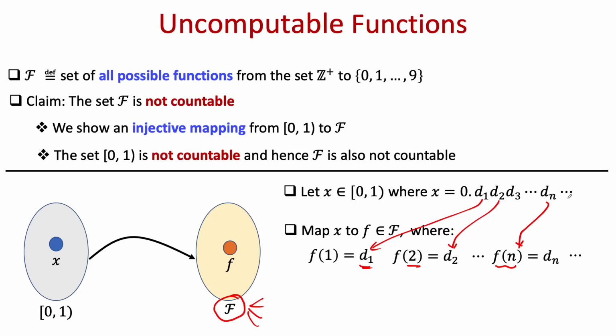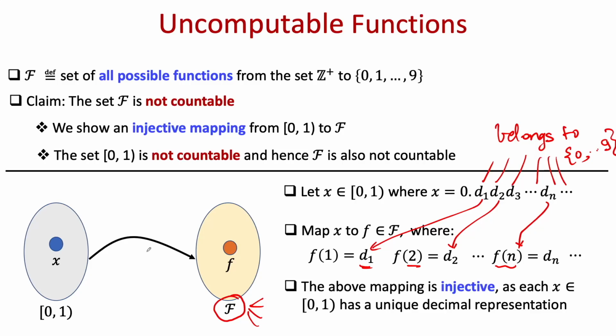Okay, and the possible values or outputs of these functions can be only between 0 to 9, because each of these decimal digits in the decimal representation of x belongs to 0 to 9. Okay, so that's the function which will be the image for this element x, and it's very easy to verify that this mapping is an injective mapping, because if you take two elements x and y here which are different, then their corresponding decimal representation also will be different.